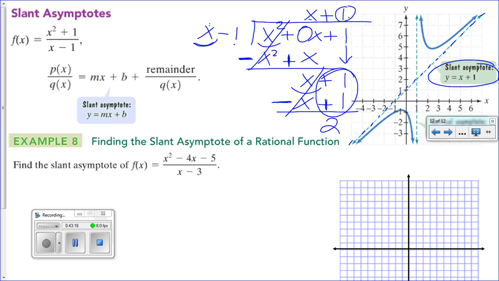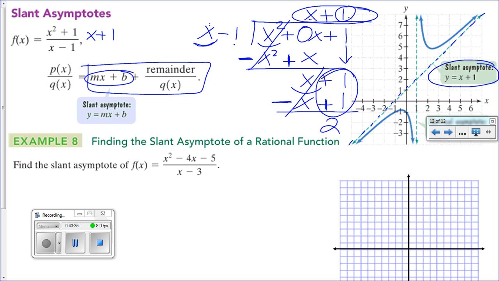Now, I'm going to use the same model that I have here. And so to rewrite my rational function, I'm going to use the quotient, which is here, x plus 1, that is this part here, plus the remainder, which is a 2, over the divisor, which is x minus 1.